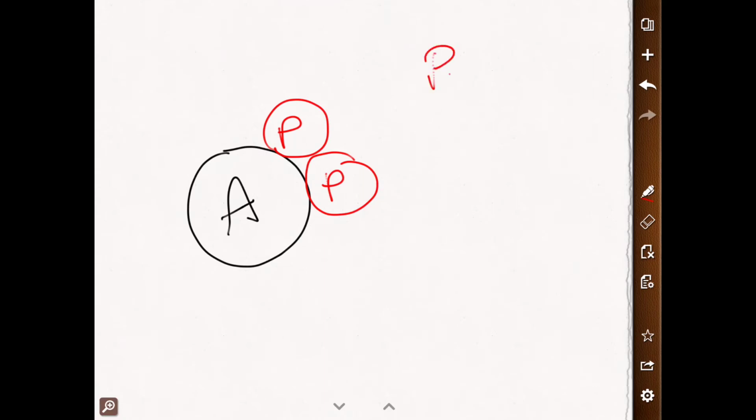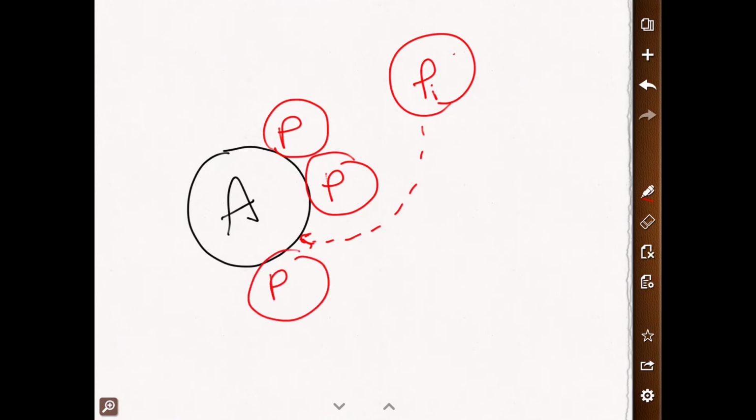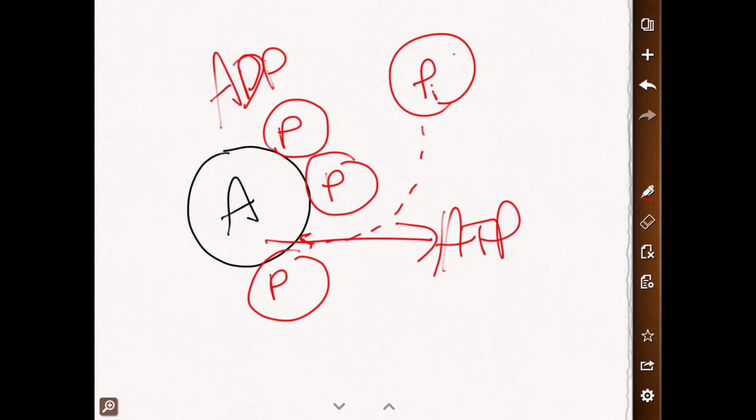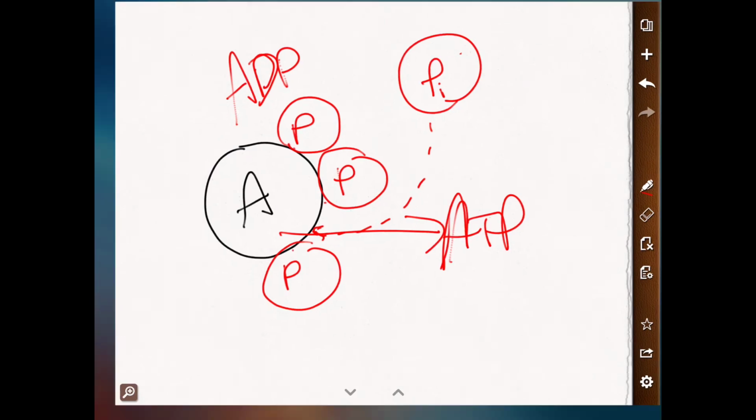And then out here, we've got this little phosphate ion. See if I can draw that a little clearer. This phosphate ion, which comes in here and has a chemical reaction. And then this adds on here, and by doing so, we change ADP into ATP. And that's a chemical reaction. These are molecules that are reacting with each other.